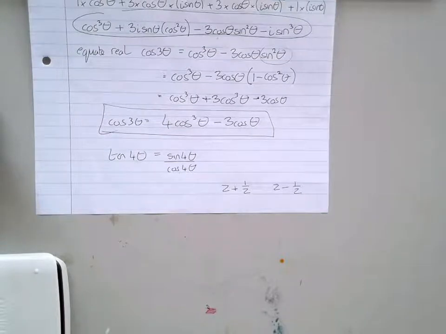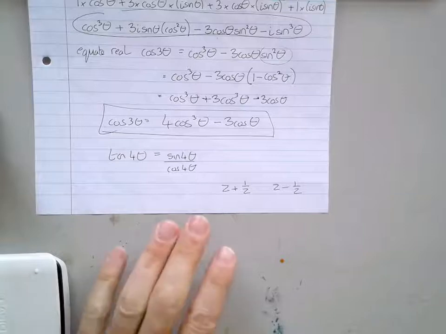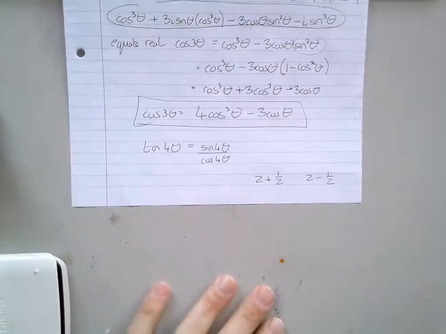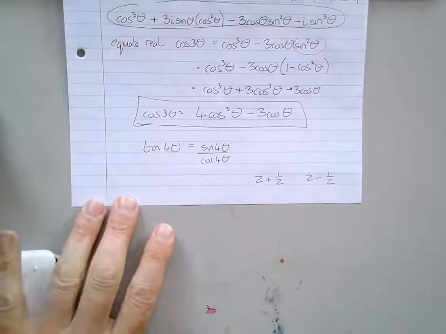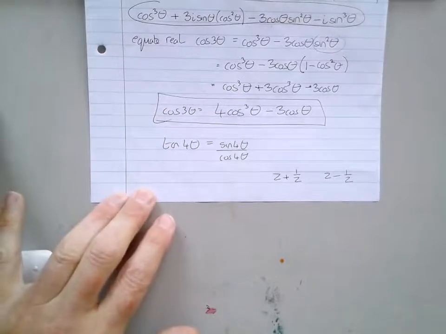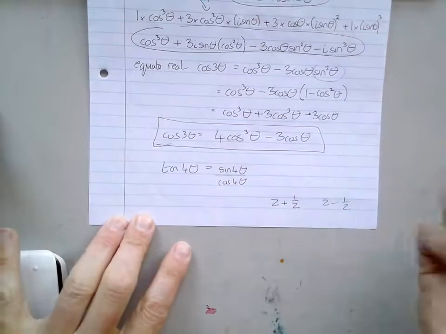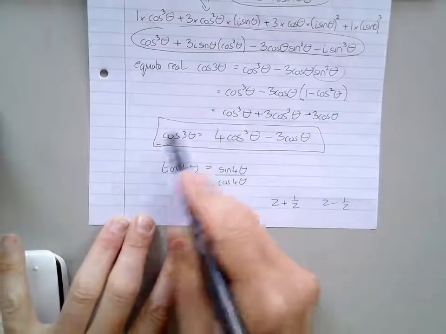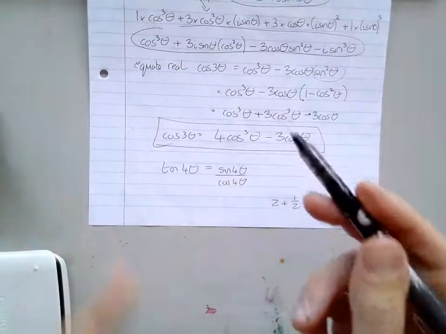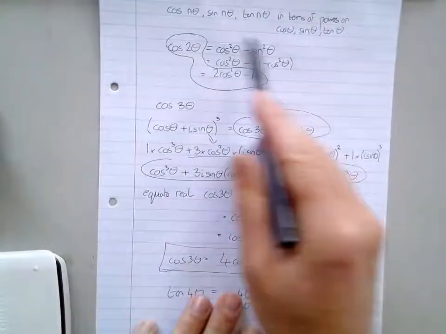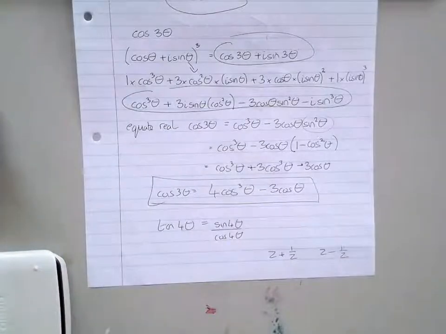It allows you to write a power of sine theta, cos theta, or possibly tan theta, in terms of multiples of theta. So it's the exact opposite of this. The thing on its own will be like cos cubed theta, and you'll be writing it in terms of multiples of theta. Have a read for yourself if you're interested, but I'll say more about that on Wednesday.